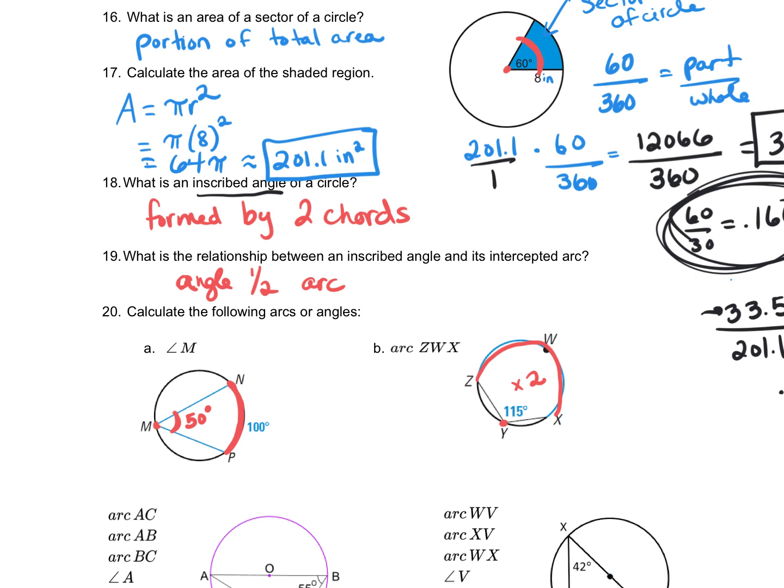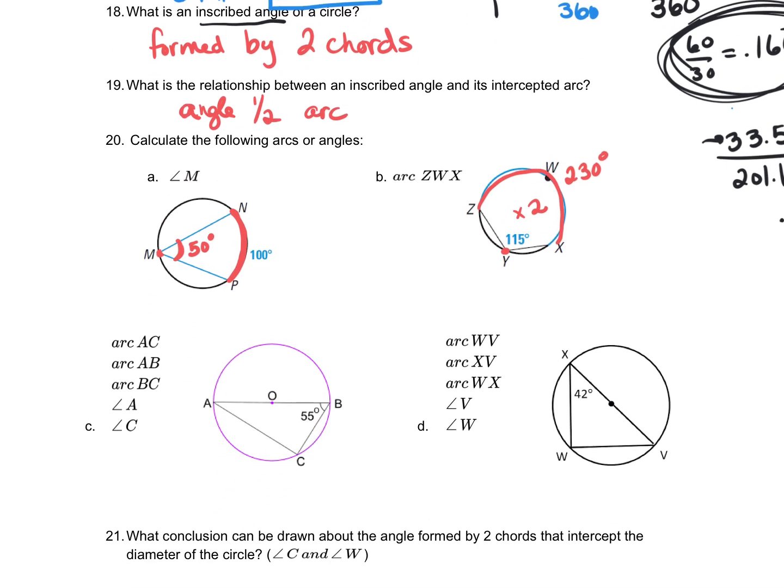So 115 times 2, that arc ZWX is 230 degrees. So if you're given the arc, your angle is going to be half. If you're given the angle, you need to multiply times 2 to get the arc.